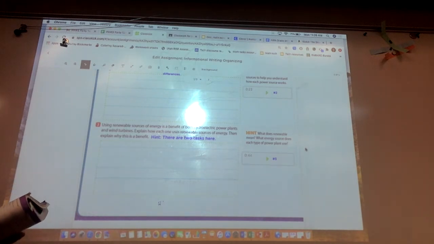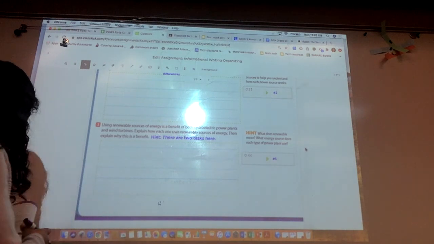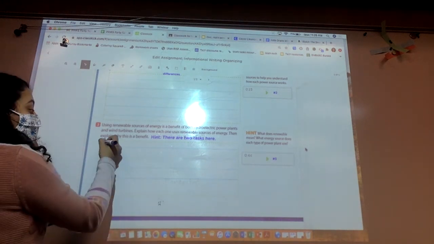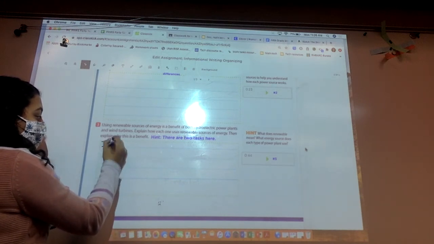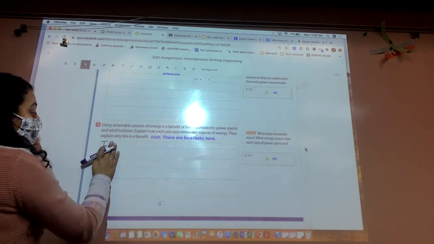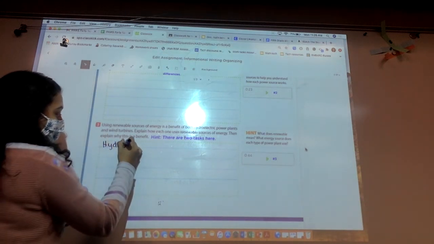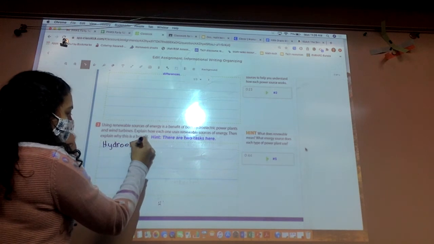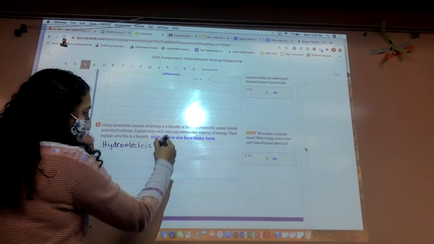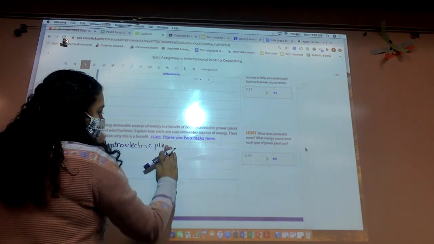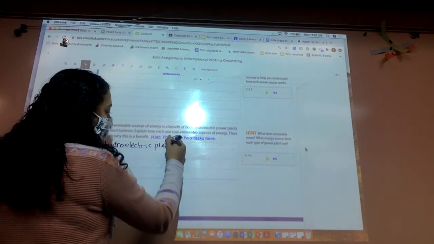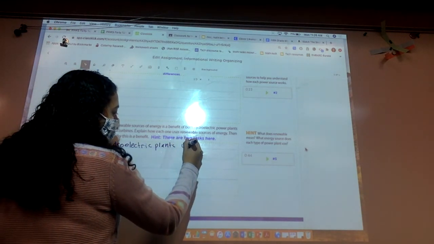Let's focus. So now, how do they use renewable sources? Where do they get the water from? They find the rivers. Lakes and rivers. Okay, so hydroelectric plants. Wait, is hydroelectric plants good for the environment or no?